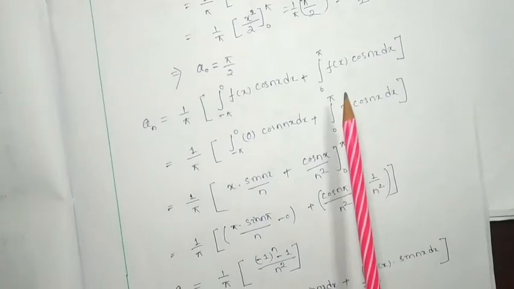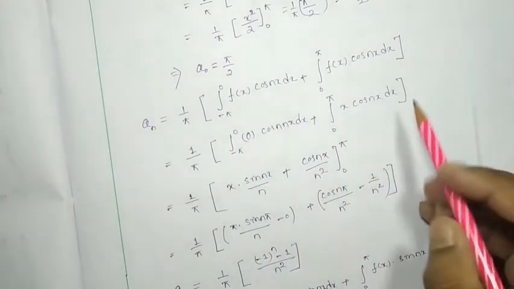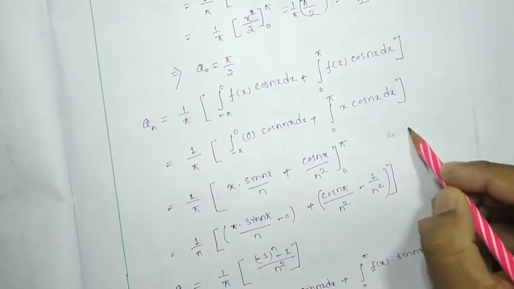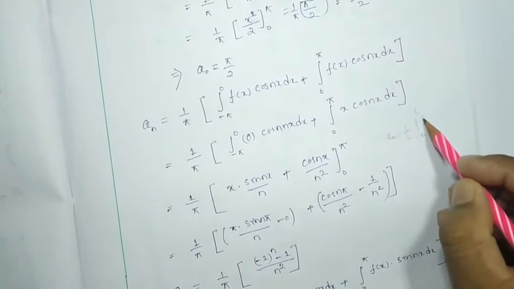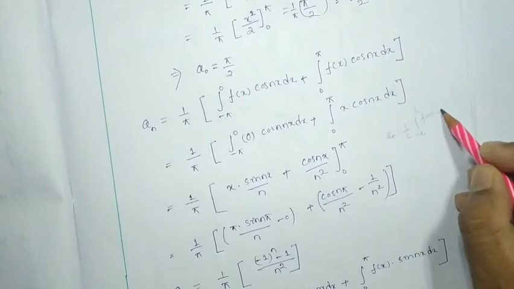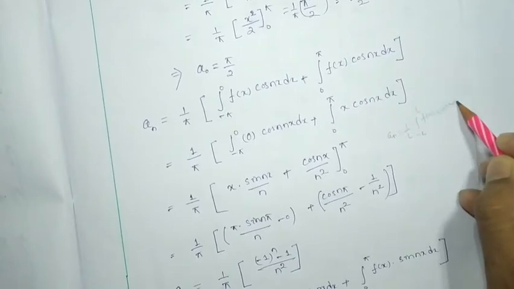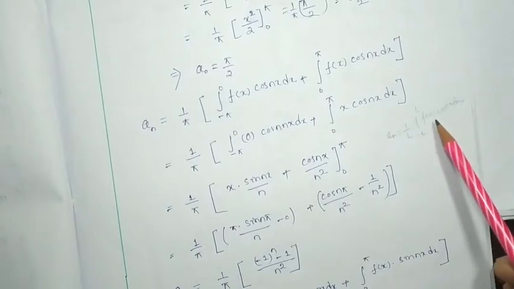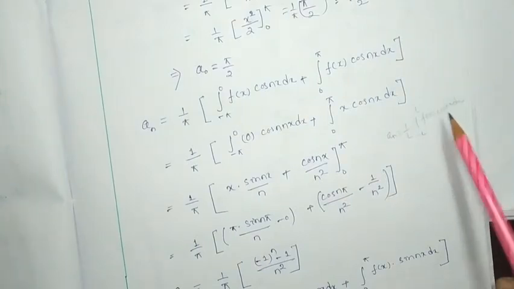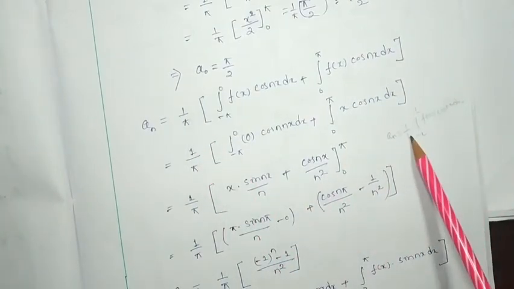Then an is equal to how much? 1 by l integral minus l to l of f(x) cos nx dx. But this function has different values in different limits, and here l is nothing but pi.